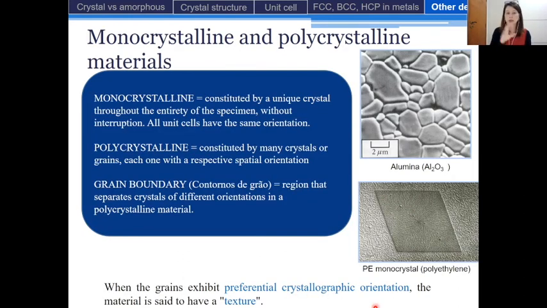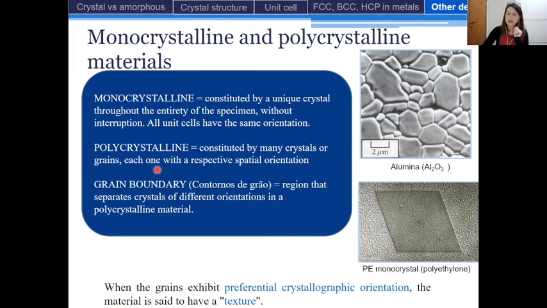Finally, let's define monocrystalline and polycrystalline materials. A monocrystalline material is constituted by a unique crystal through the entirety of the specimen, of your sample, without interruption. So all unit cells will have the same orientation because they are repeated in the same way along the three directions of the material. Whereas a polycrystalline material is constituted by many crystals, or what we will call grains, each one with a respective spatial orientation.